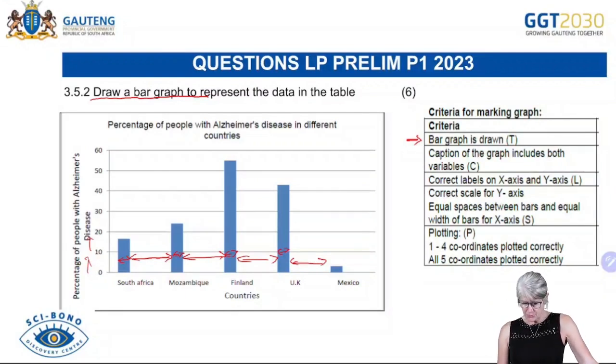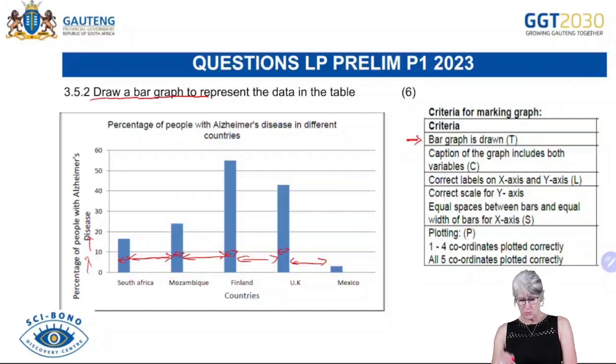All right, so let's work through this graph through the criteria. So first of all, we said we're going to get 1 mark if we draw the correct type of graph. Then if we have the correct caption. Now the caption is a heading, and the caption must always include both variables.